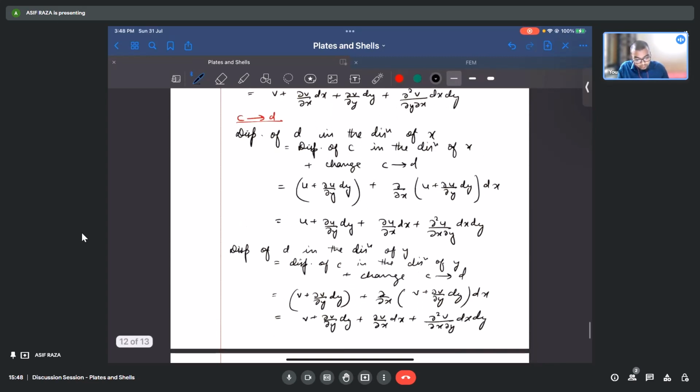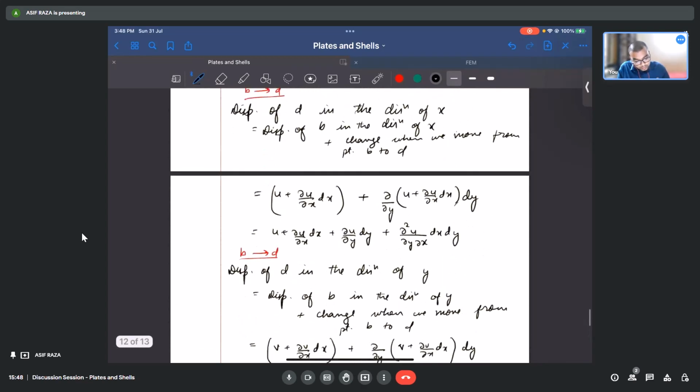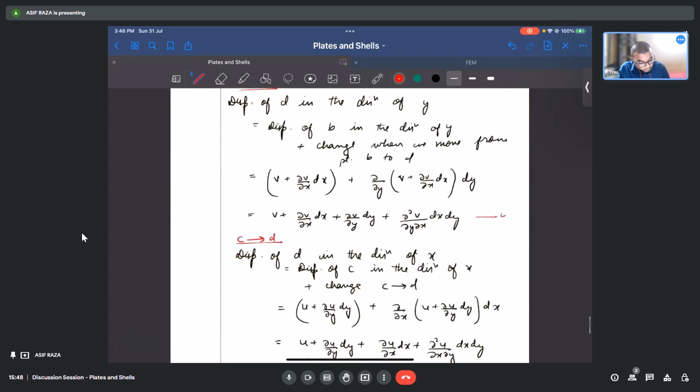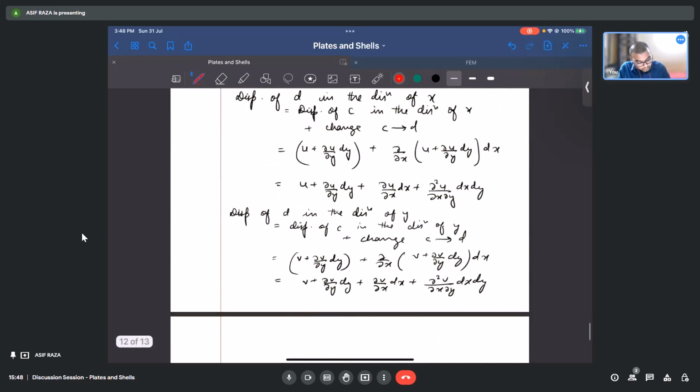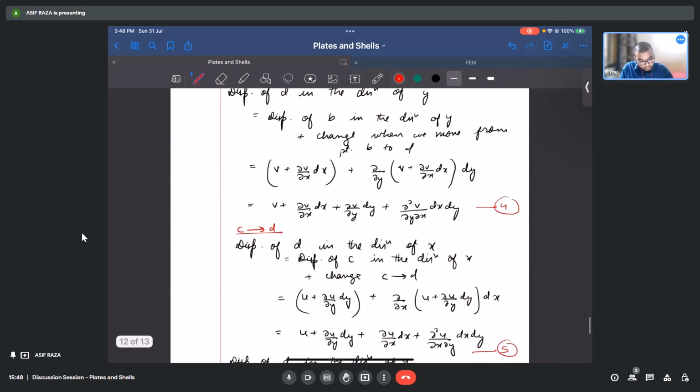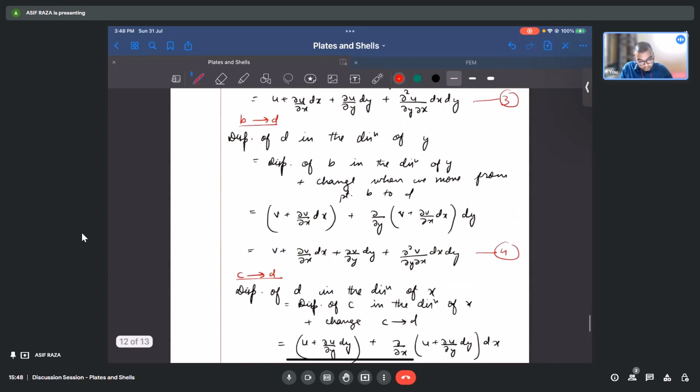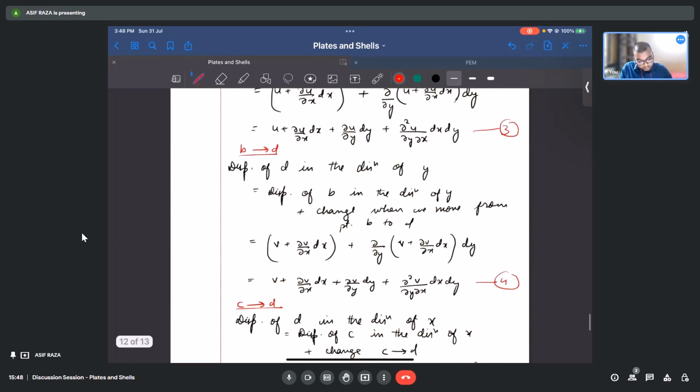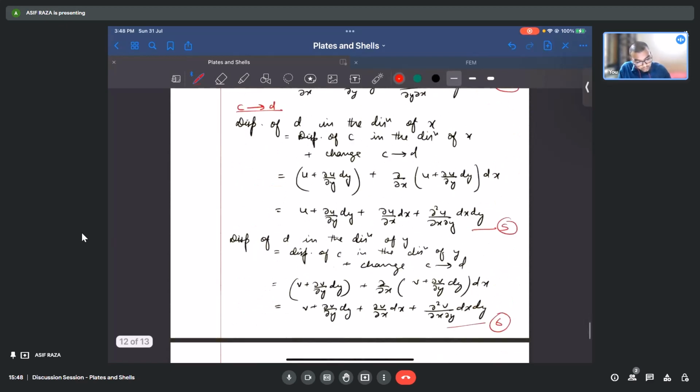So when we compare 3 and 5, 4 and 6, what do we see? ∂u/∂y, yeah, so they are one and the same.